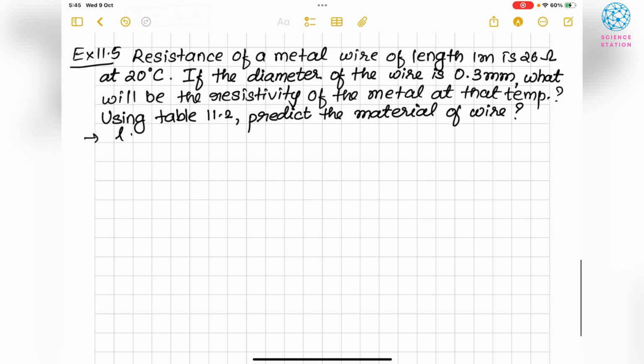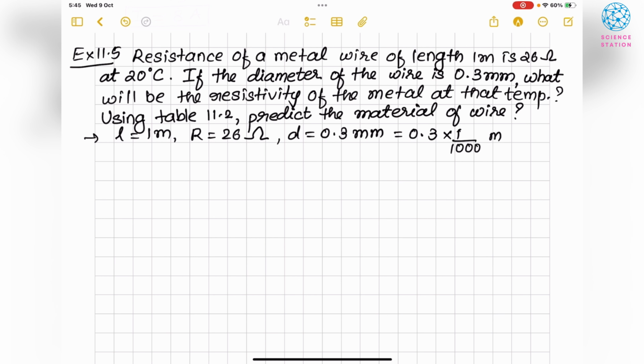So, here length equal to 1 meter and R equal to 26 ohms. Then diameter equal to 0.3 mm. So if I convert it into meter, it will be 0.3 into 1 upon 1000 meter. So that is 3 into 10 raised to minus 4 meter.